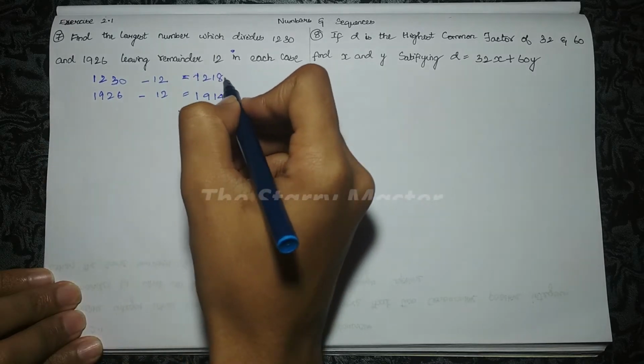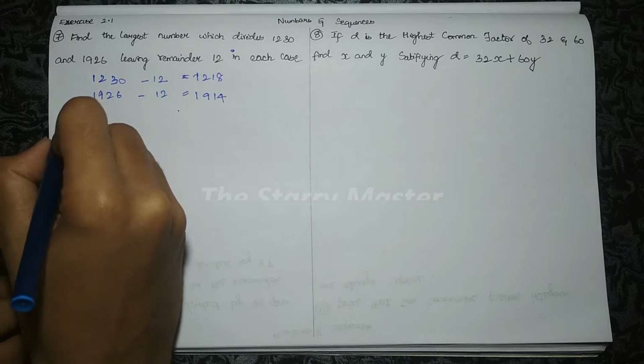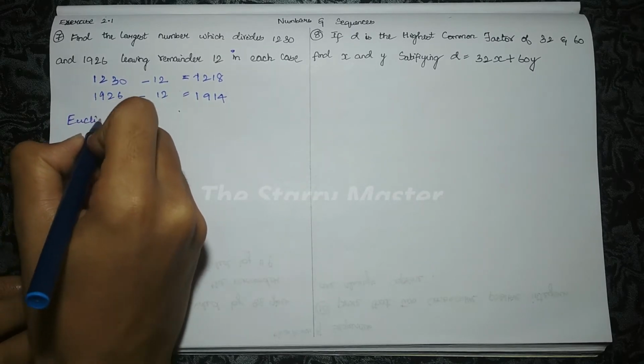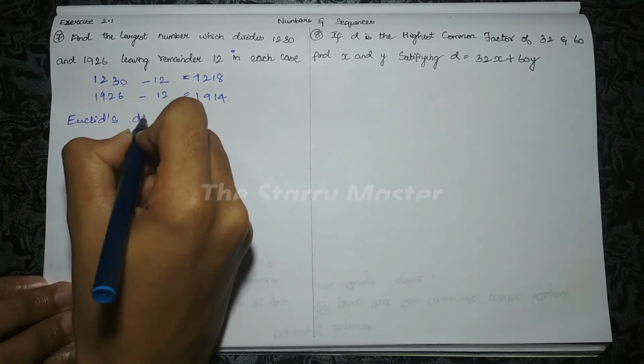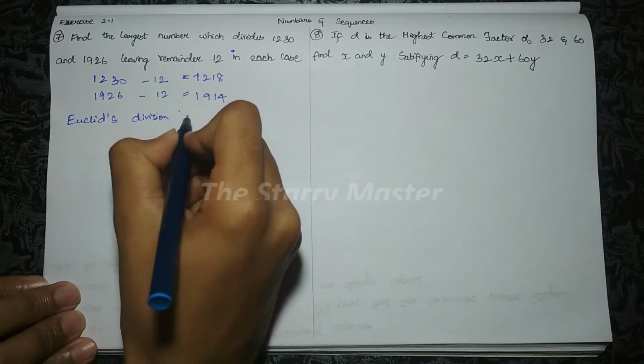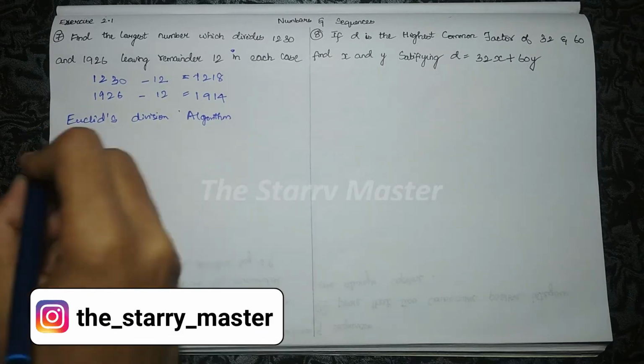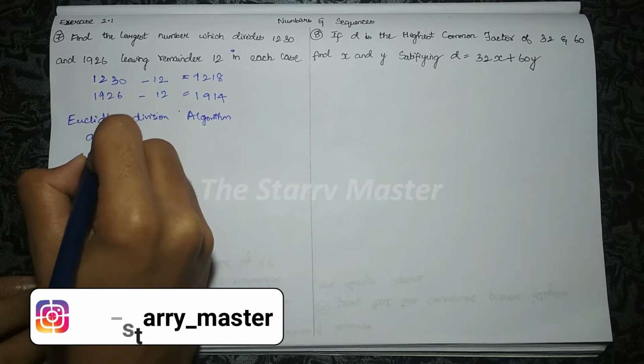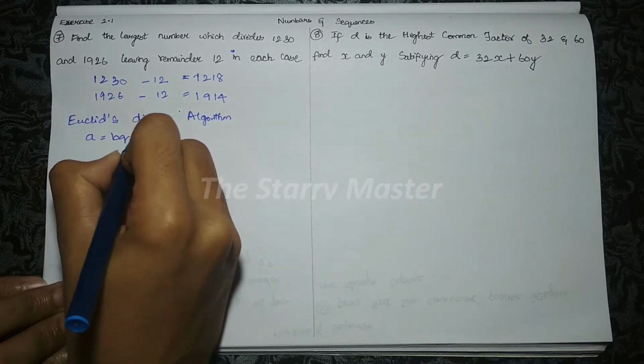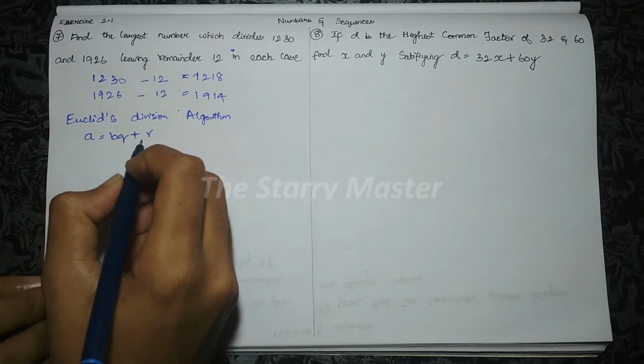And we have to implement Euclid's division algorithm, which is a equal to bq plus r. We have to write this in this expression.